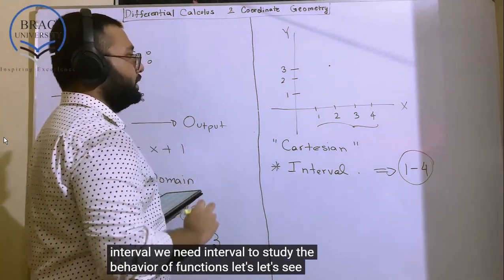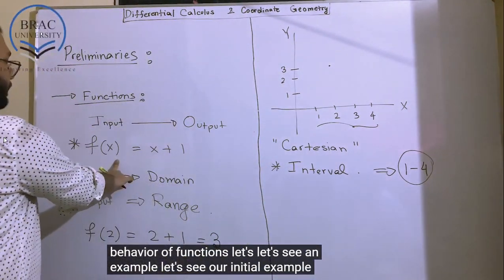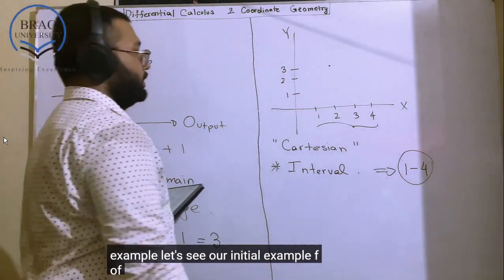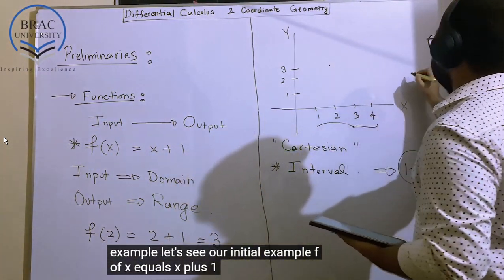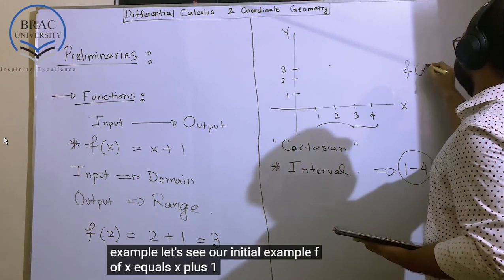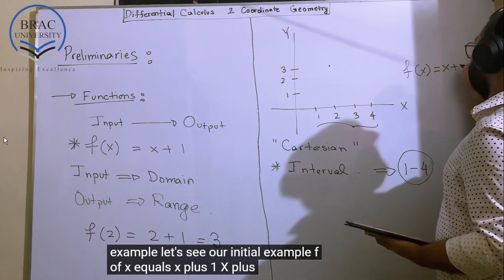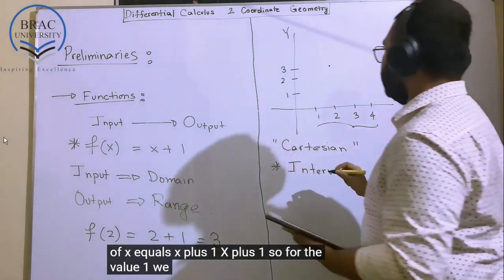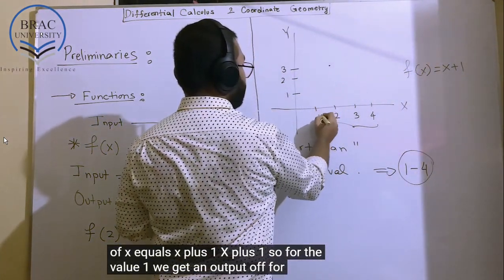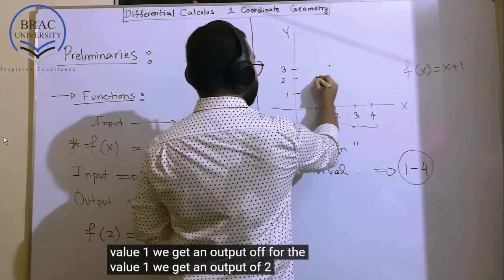Let's see our initial example. f of x equals x plus 1. For the value 1, we get an output of 2.